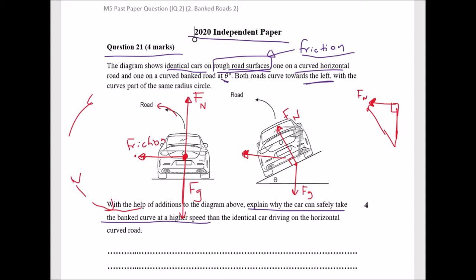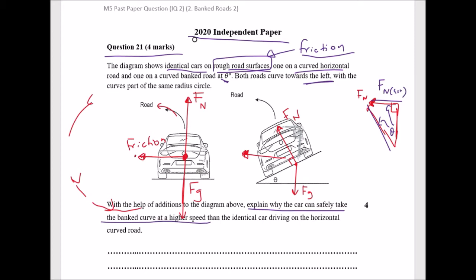The component we have as theta is over here, we have this side, so we have this component and this component here. So it's the hypotenuse and the opposite side for this horizontal component of the normal force.